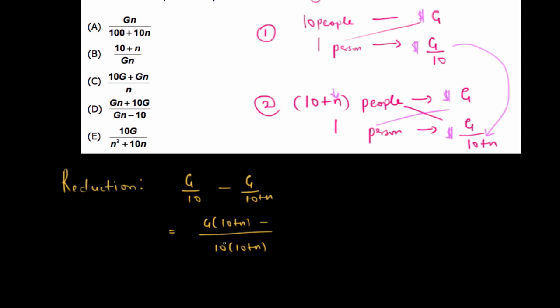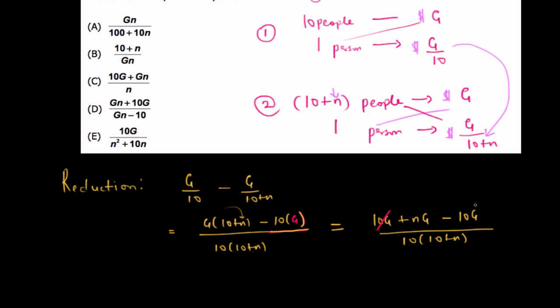That is 10G plus nG minus 10G, then divided by 10 into 10 plus n.